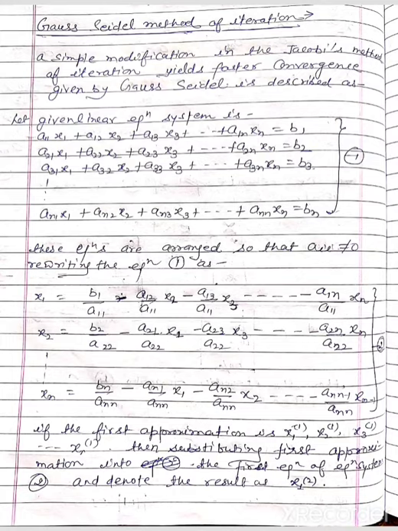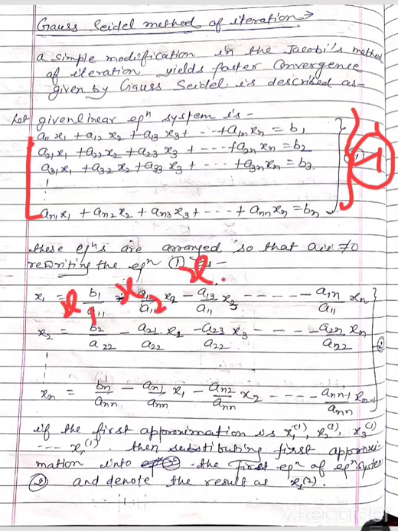For the Gauss-Seidel method, let us consider a linear equation system as given by equation 1. Here are n linear equations with n unknowns named x1, x2, x3 and so on up to xn.